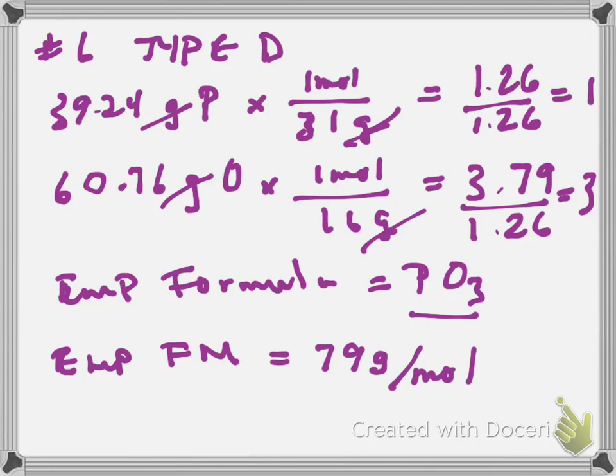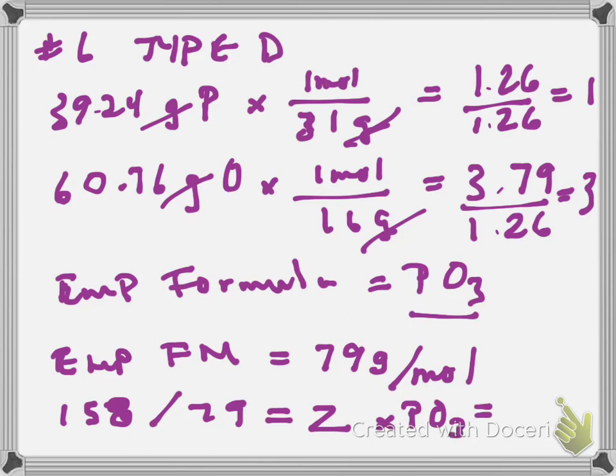If I take the 158 actually, that they gave me, divided by the 79, that gives me my factor. That comes out to be almost exactly 2. And if I take that 2 times the PO3, I can get my P2O6. That is how you do all these problems. To fix these, you need to show your work to get full credit.